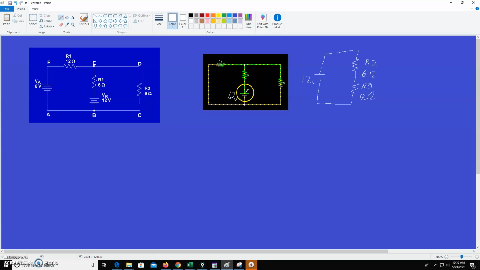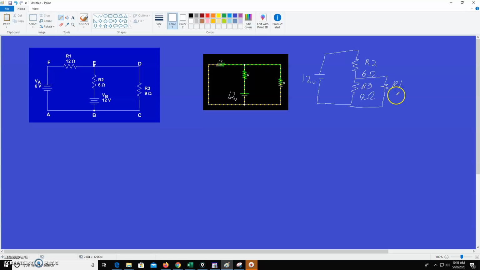So R1 says we leave through our 6 ohm, we come to the junction of the 9 and 12, and we return back to our negative if we go through this other guy over here. So essentially, this circuit is really this, R1.